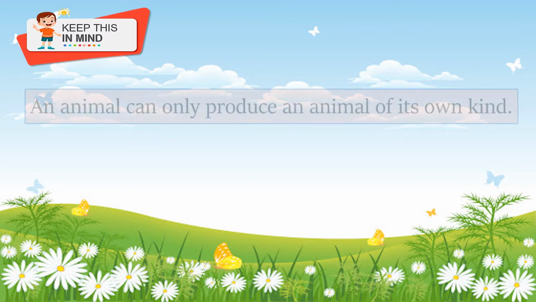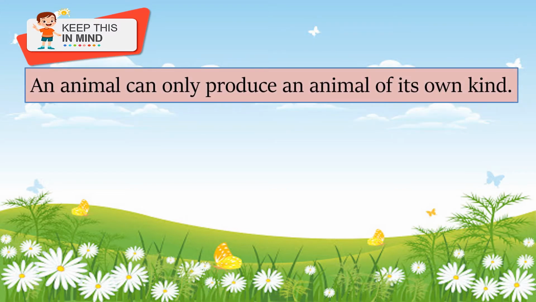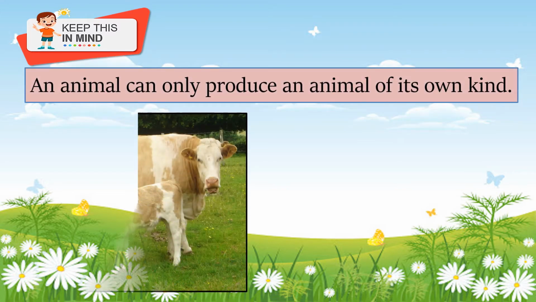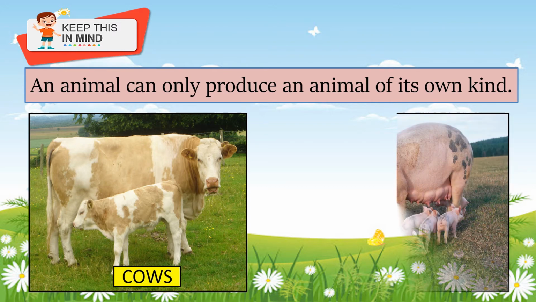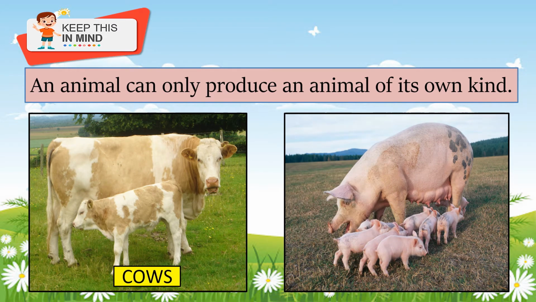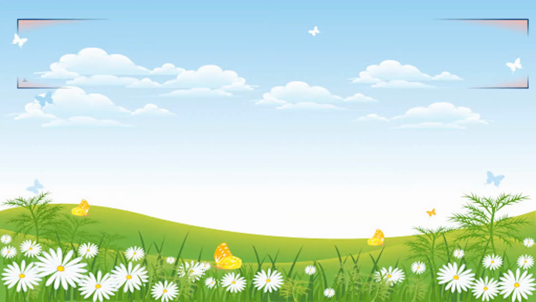Keep this in mind, that an animal can only produce an animal of its own kind. Like for example, cow produces calf, which they are both the same kind, as what you can see in the first picture. The same with pig produces piglets, which they are both the same kind, as what you can see in the second picture.